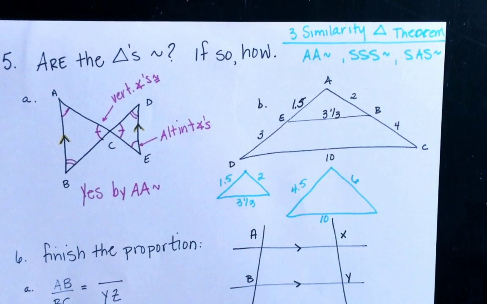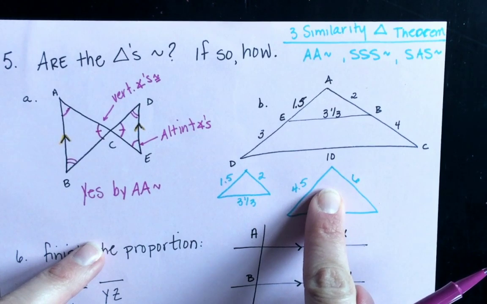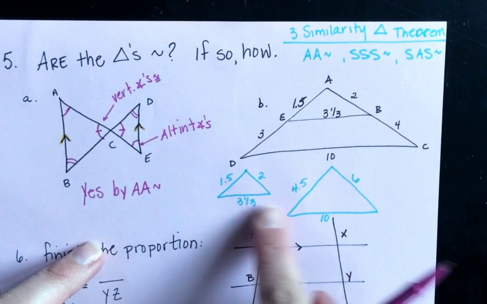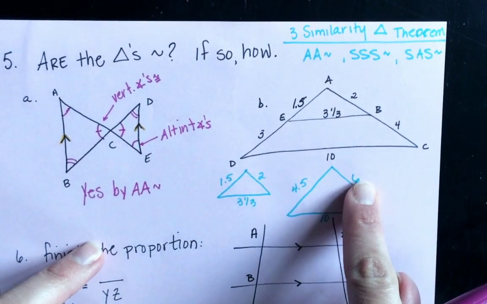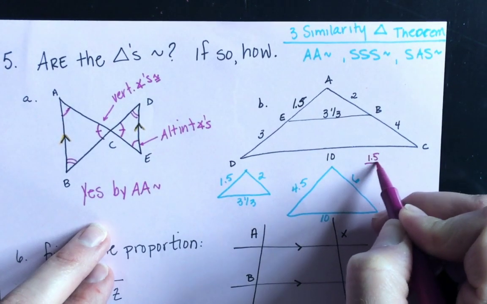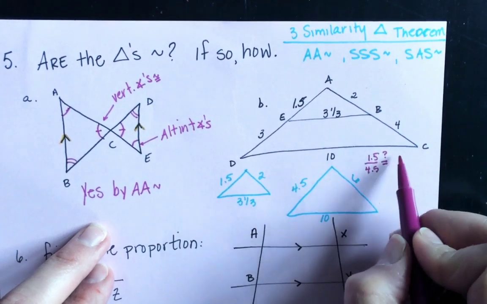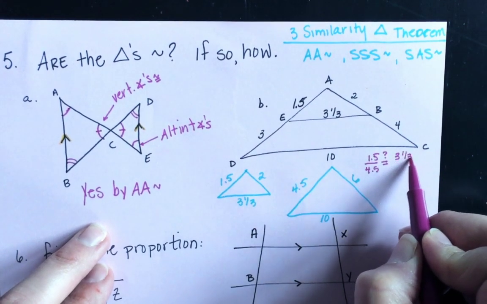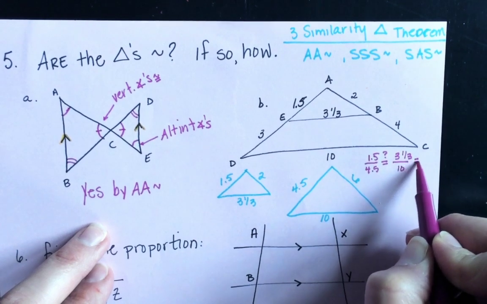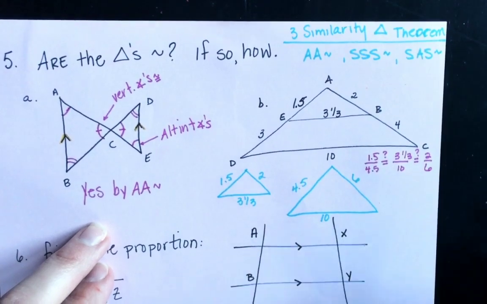So we do have this setup where it's the small triangle and the big triangle. Now we have to compare. So what we want to check is 1.5 to 4.5. Is that the same as 3 1/3 to 10? Is that the same as 2 to 6?